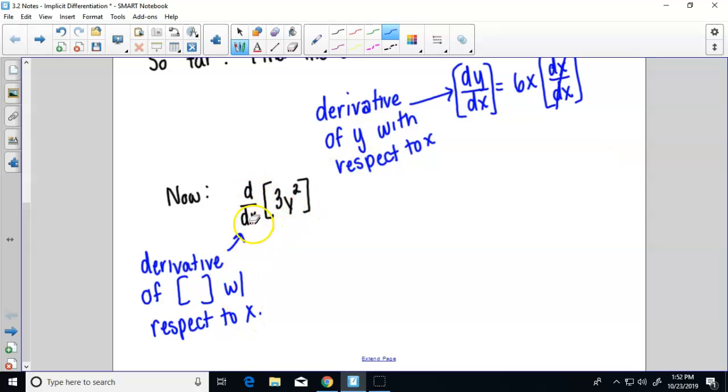So when we take this derivative with respect to x, we're going to have to do something a little bit different here. We'll take the derivative like we normally would, so 3y squared is just going to be 6y. But because we took the derivative of a different variable, so we did not take the derivative of x, but rather y, we have to put the derivative of y with respect to x next to it.